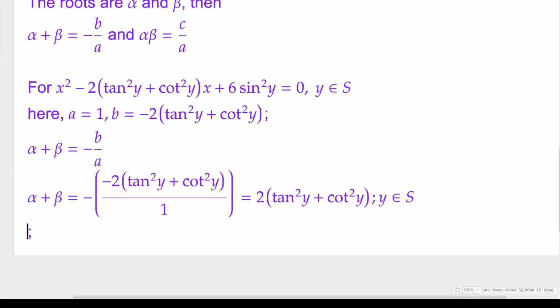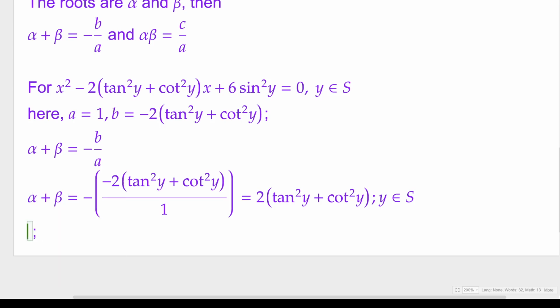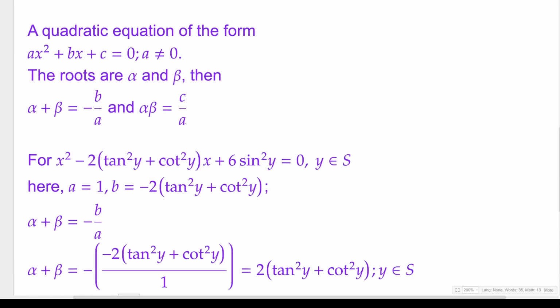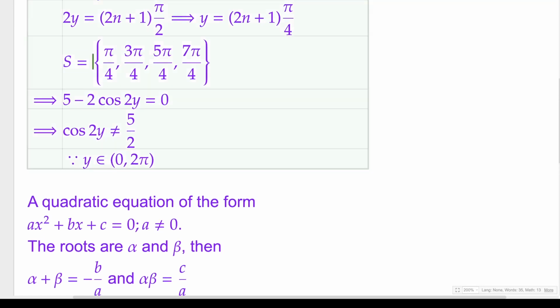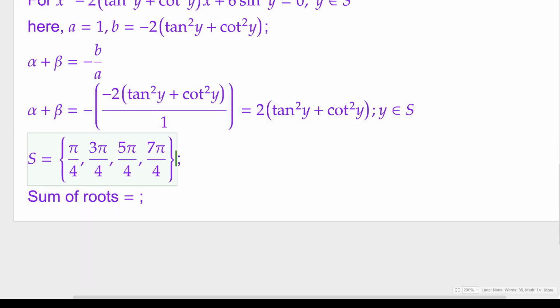Okay, so if I pick up the values in appropriate form, then alpha plus beta, that is the sum of roots, will be equal to, so let me just write this set S over here, correct? Now from S I will pick up the values one by one. So if I pick up pi over 4, this becomes 1 plus 1, 2, right?